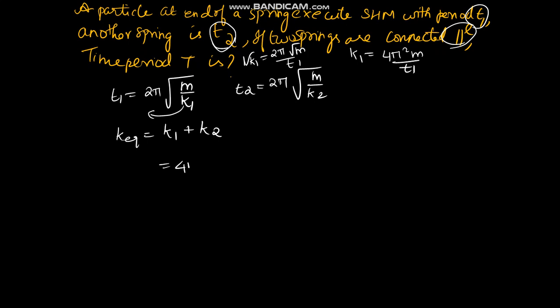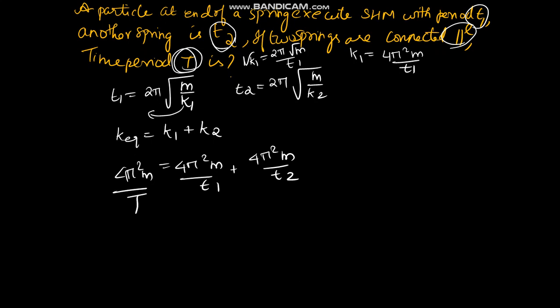So 4 pi square m divided by T1 square plus 4 pi square m divided by T2 square is equal to, what is the time period T if it is connected in parallel, 4 pi square m divided by T square. So 4 pi square m, 4 pi square m, 4 pi square m get cancelled. So T power minus 2 is equal to T1 power minus 2 plus T2 power minus 2.